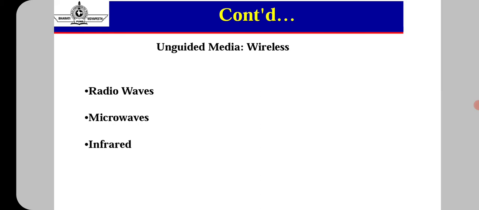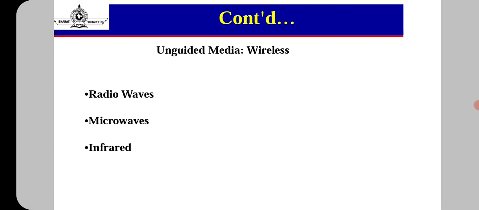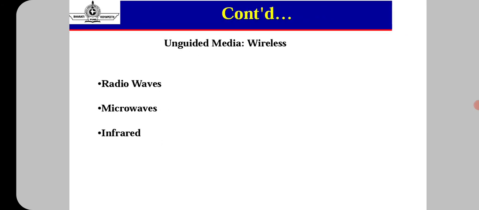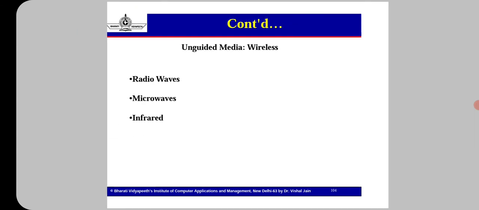Unguided wireless technologies mean radio waves, satellites and other types of data transmissions. There are three types of technologies used for unguided media: first radio waves, second microwaves, and third infrared waves.